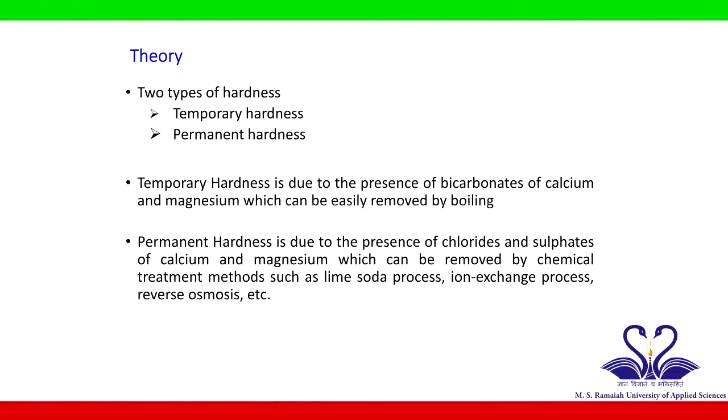A few of these chemical treatment methods are the lime soda process, ion exchange process and reverse osmosis, etc. The sum of temporary and permanent hardness is total hardness, and it is expressed in ppm of calcium carbonate equivalent.